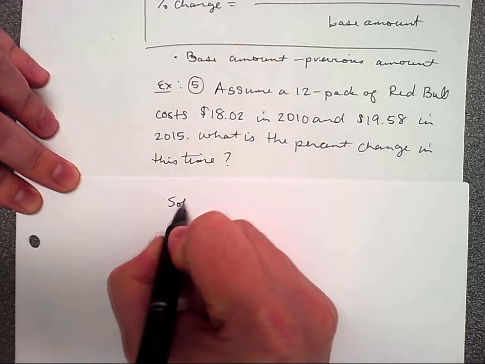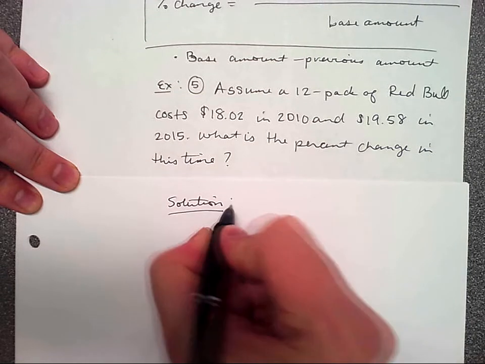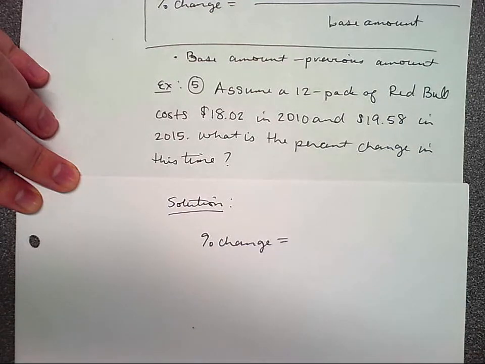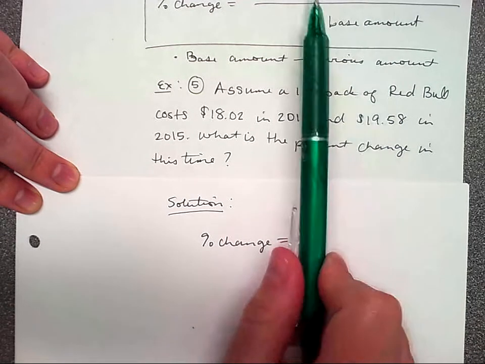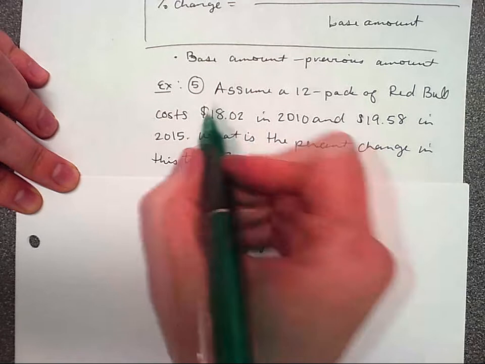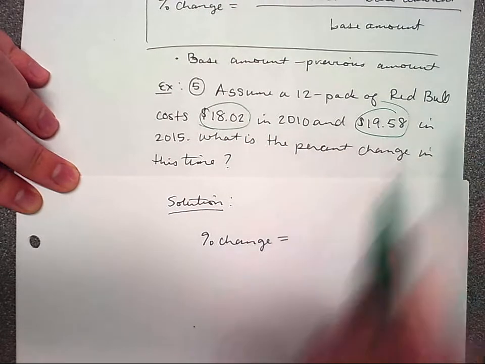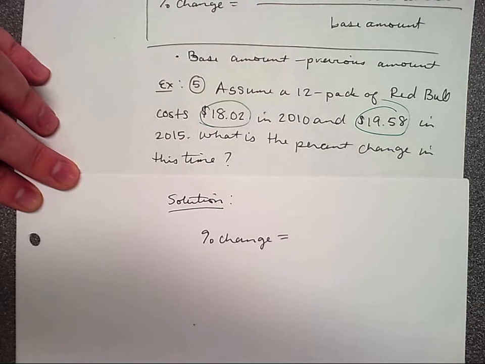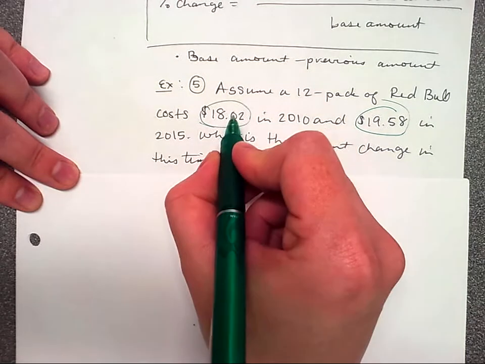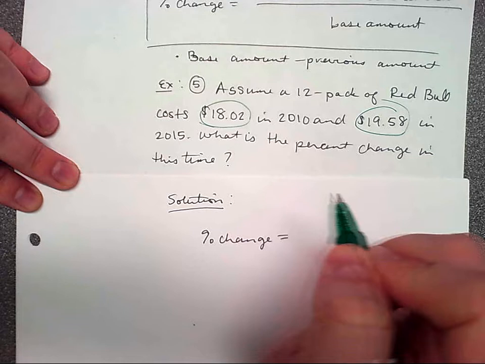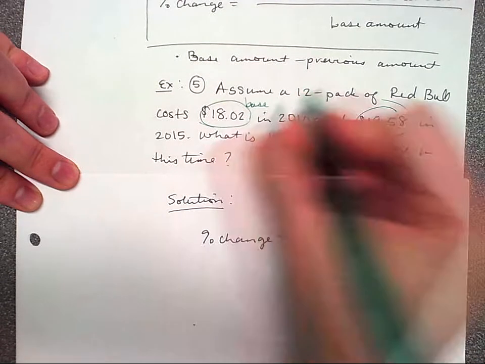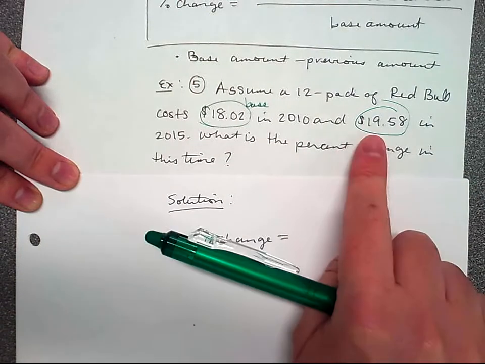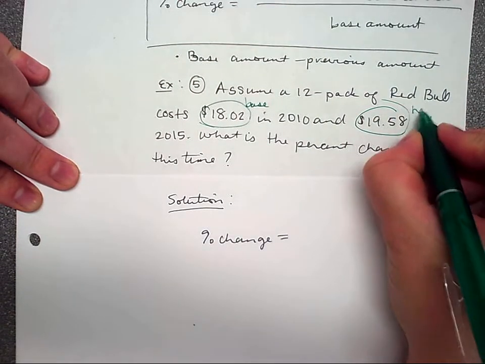So solution: percent change equals, well, from my formula it says the new amount minus the base amount over the base amount. So I have two numbers. Which one's my new amount? Which one's my base or previous amount? $18.02 is the base or previous. Base and previous are the same, right? Okay, $19.58 is new, right?